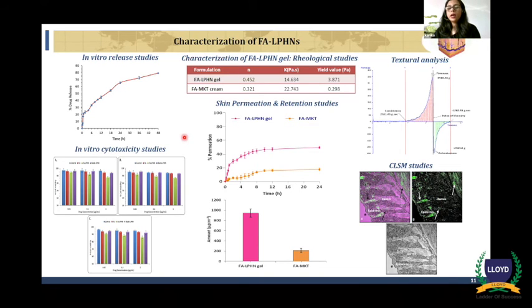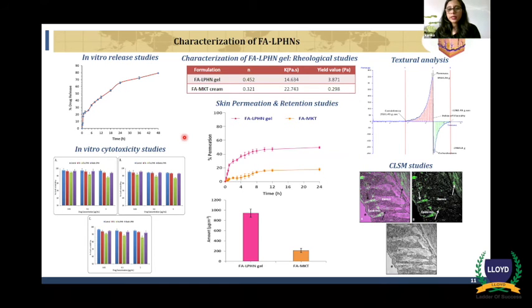In this case, the nanoparticles which were formed were gelled into Carbopol 940, and finally the rheological studies were done using the viscometer, as well as texture analysis to define parameters like firmness, index of viscosity, cohesiveness, as well as consistency.